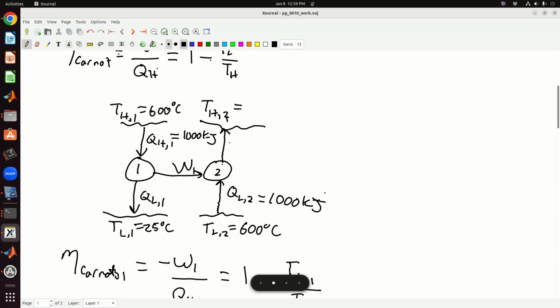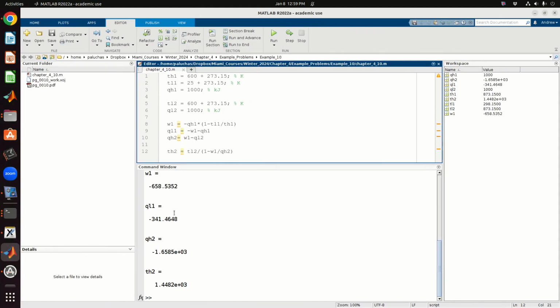That is equal to the heat rejected to my hot body, and that's what's going to be QH2. So the heat rejected to that hot body is negative because it's heat rejected, but it's 1.6585 times 10 to the 3.